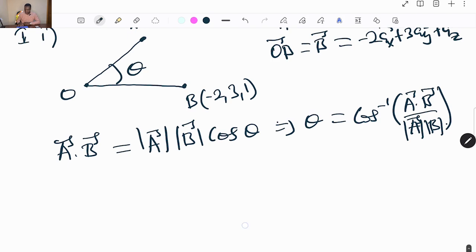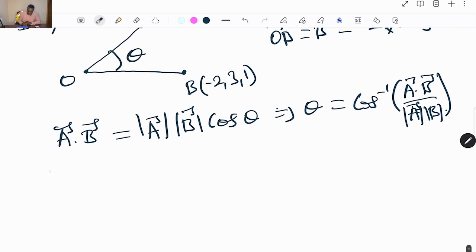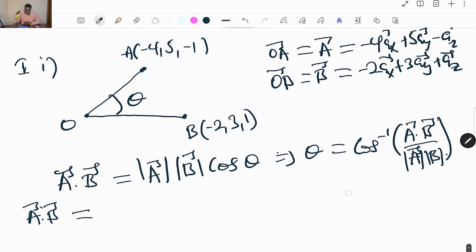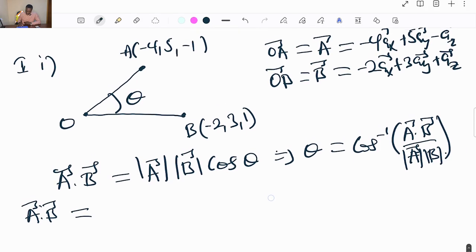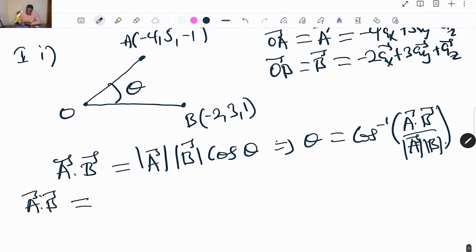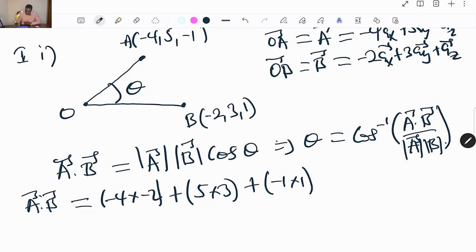Now that we know this formula, let's first get the dot product of vector A and vector B. We can just look at the coordinates, the product of the corresponding coordinates. So -4 times -2 plus 5 times 3 plus -1 times 1.